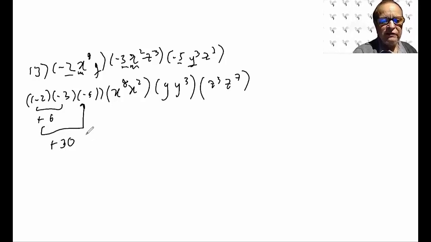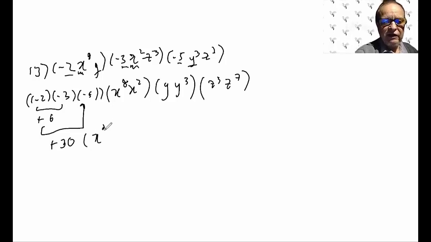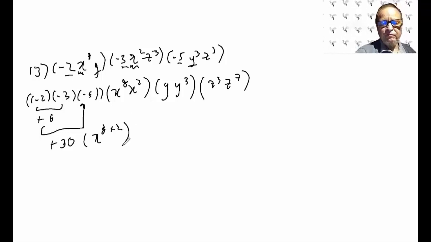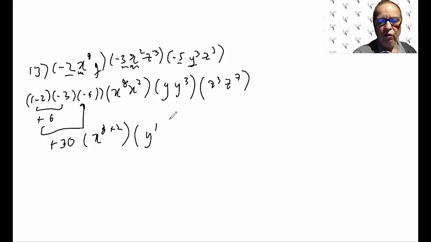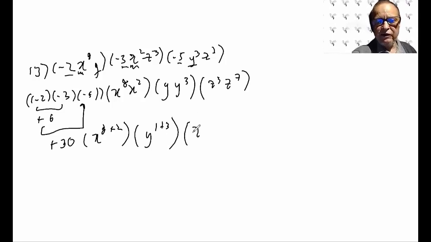Then for my next part, I have x, 8 plus 2, using my product rule. And the next one here, I have y, 1 plus 3. And finally, my z's, I have 3 plus 7.